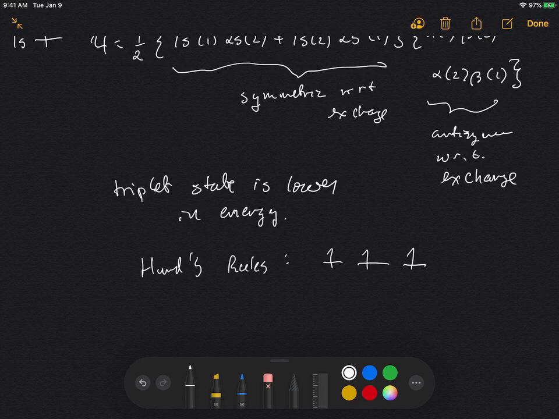And that's the lowest energy configuration for three electrons in the three 2p orbitals. We could try to pair them up, but that would be a higher energy configuration.